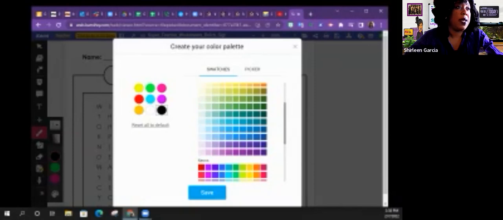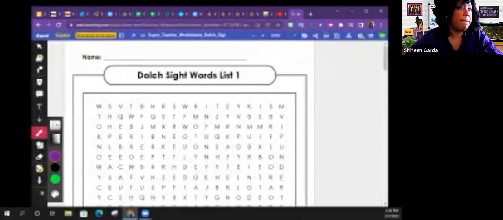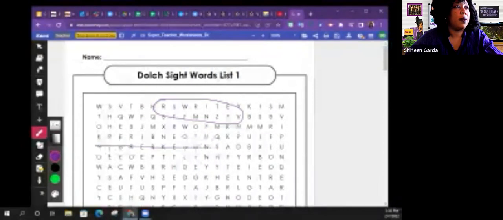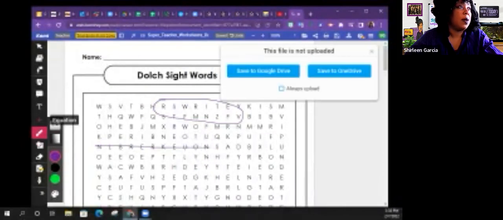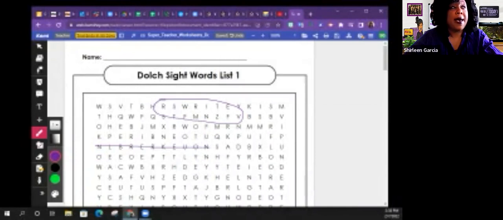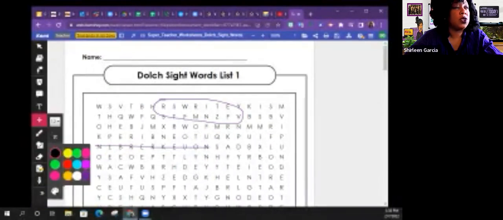I guess it's not that big a deal for you guys, right? I don't know why it won't let me save it. All right, so now it's purple. And if this was a word, you circle it. You could change the thickness. If you were using it for math, you can use equations, which is kind of cool. It has the symbols there for you to make your own equations for math.